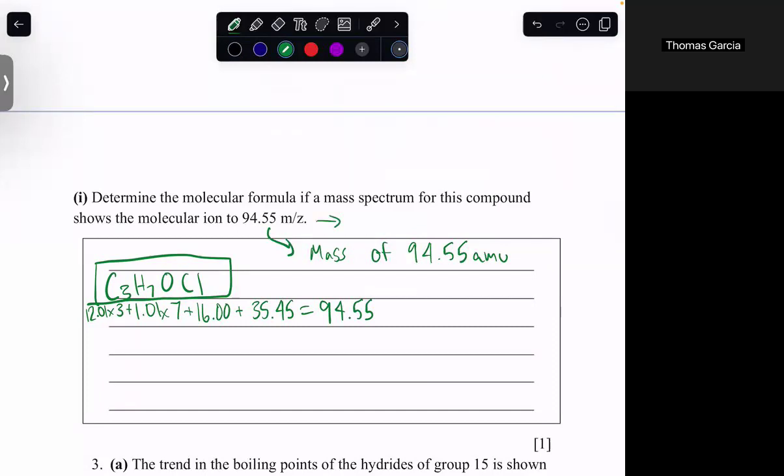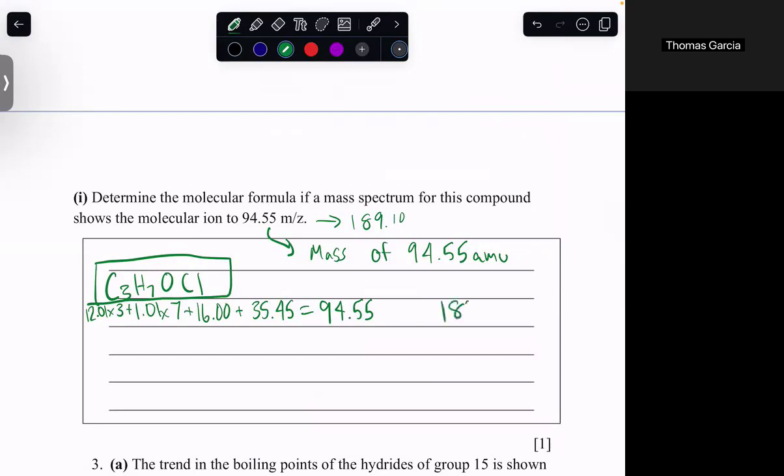The thing that can make this a little harder is if instead of 94.55, they said something like 189.10 or something like that. And in that case, what we would have to do is take our current mass and use it to divide from the original one.